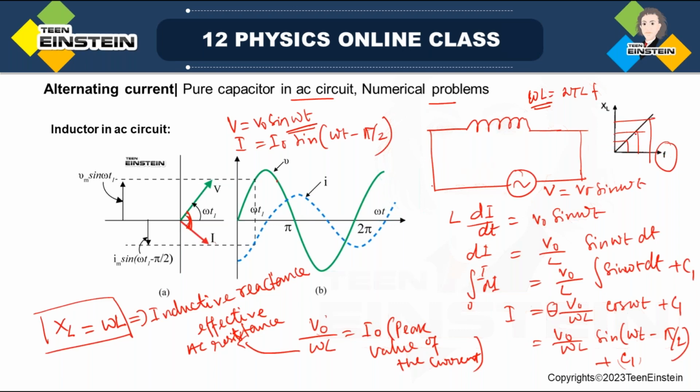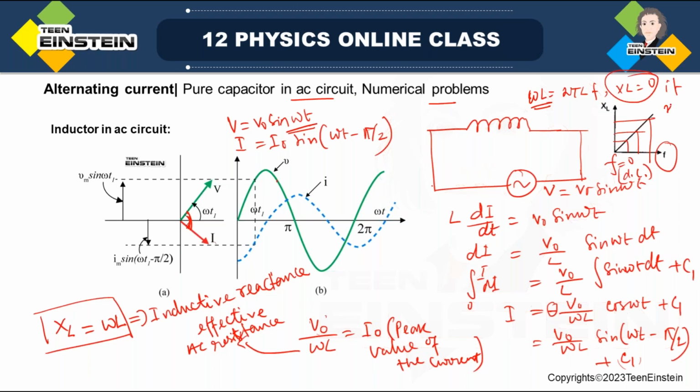And see, when F is 0, the frequency is 0, that means for DC current, it does not offer any resistance, because when F is equal to 0, then omega L or XL also will be 0.